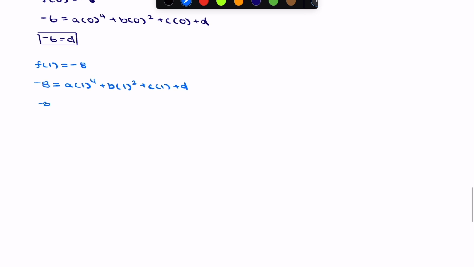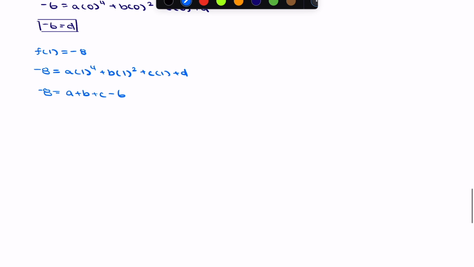So -8 = a + b + c + d. And we know that d is -6, so we can sub that in. And so -2 = a + b + c.